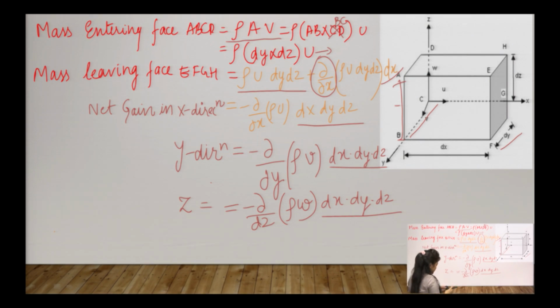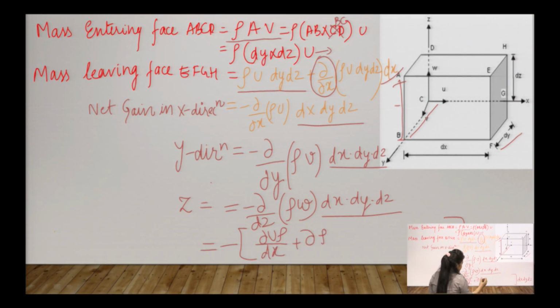So here you can see the minus sign is common, and the volume dx, dy, dz is common, plus the difference of the velocity components in respective directions, that is the change in velocity, also rho is there, in x direction, plus the change in velocity component in y direction, plus the change in velocity in z direction, plus this value. This is the overall net gain you are getting from the entire three directions.